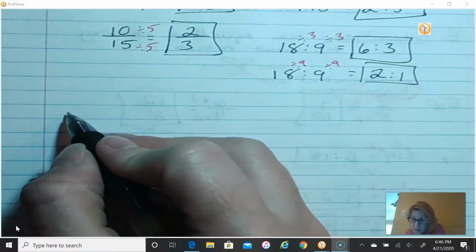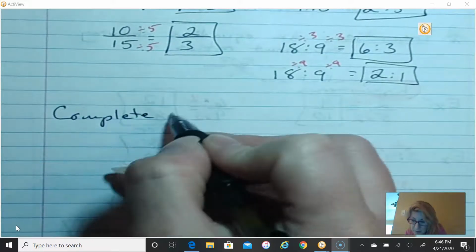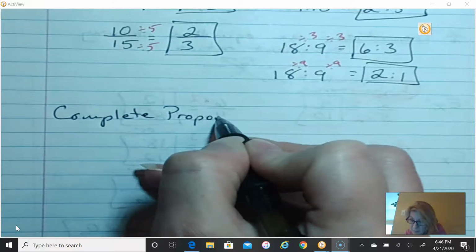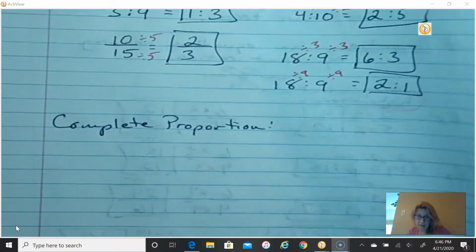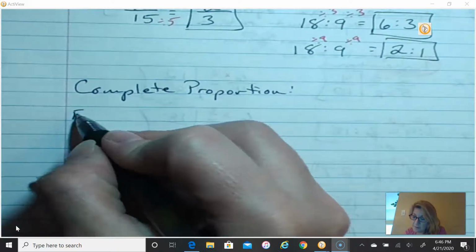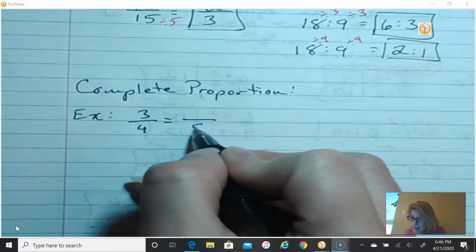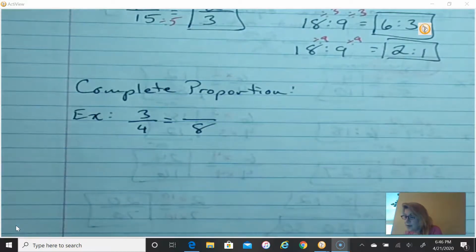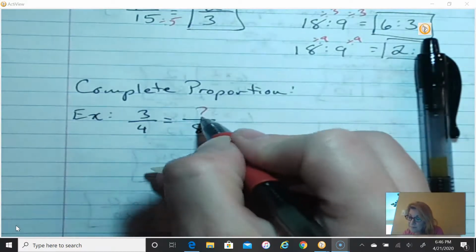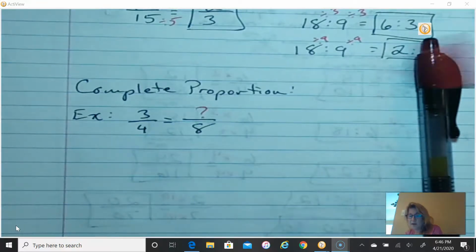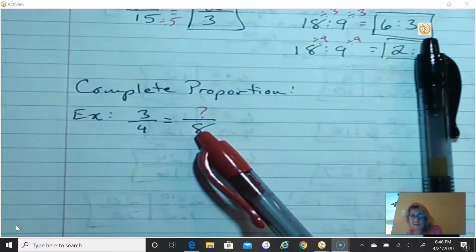All right, what if they said complete the proportion? Let's say they give you 3 over 4 equals something over 8, and this is our mystery number. We don't know what that is. How many times does 4 go into 8?